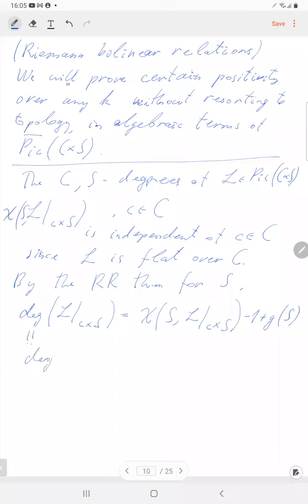The degree along S is this, and similarly we define the degree along C.